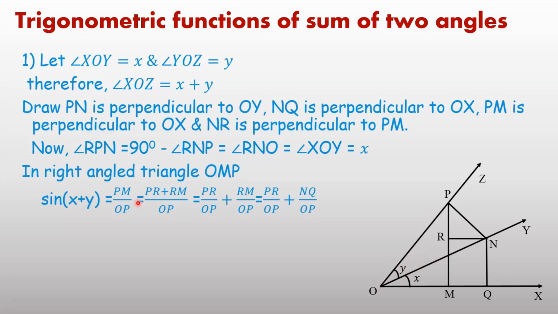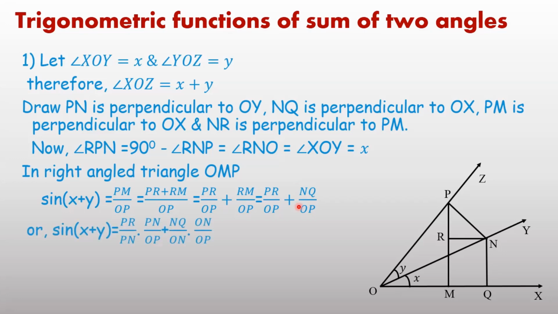Sin x plus y equals PM upon OP. In place of PM, write down PR plus RM. You can observe here, PM equals PR plus RM. Write separately PR upon OP plus RM upon OP. And in place of RM, it is equal to NQ.